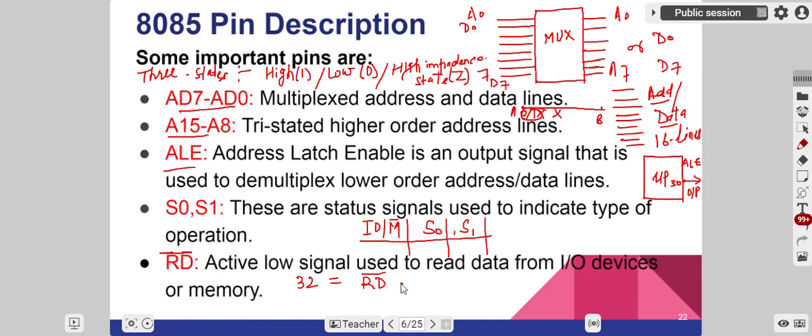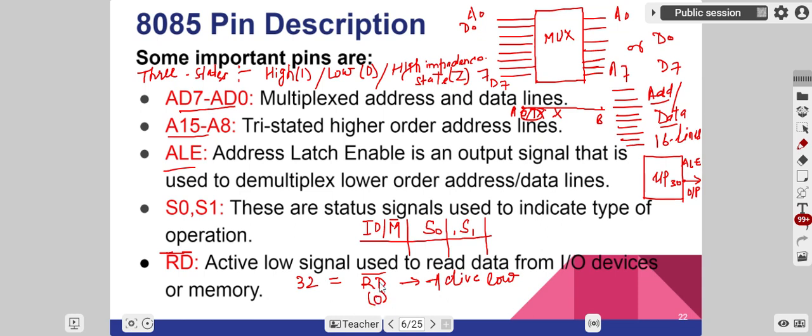What it means is that these signals are active low signals. So whenever there is a bar over a signal, we can say that this kind of signal is an active low signal. This signal will be activated only when we provide a zero here. So this signal is in the activation state whenever there is a zero for this RD signal.